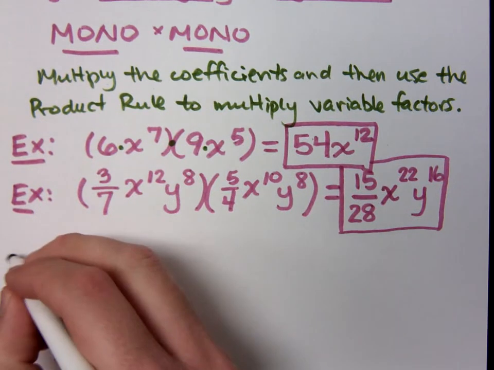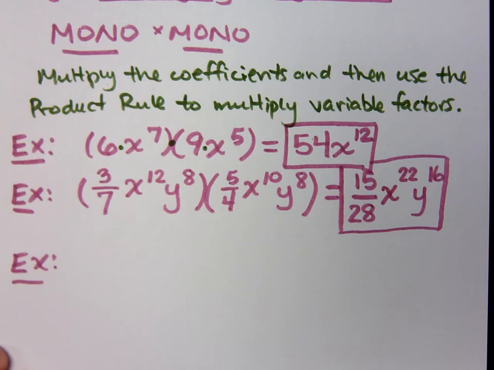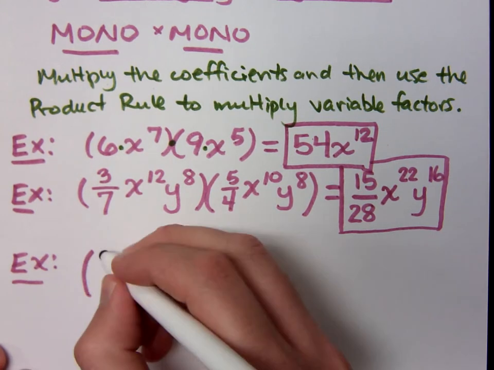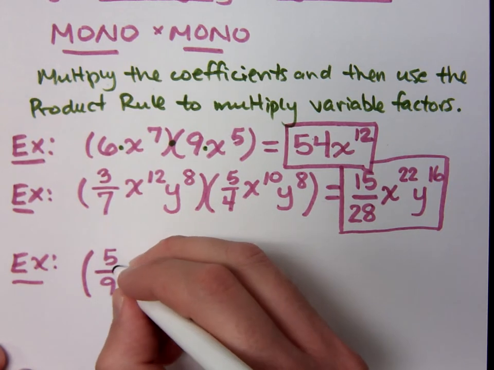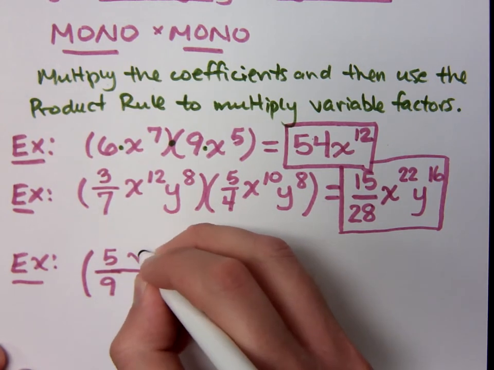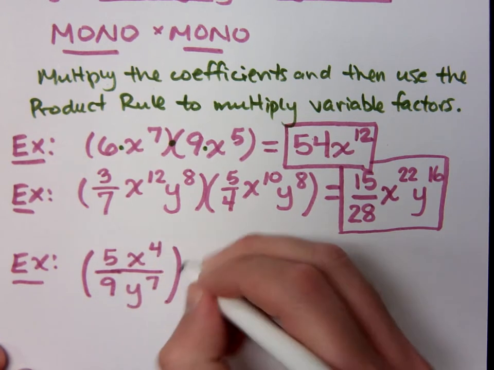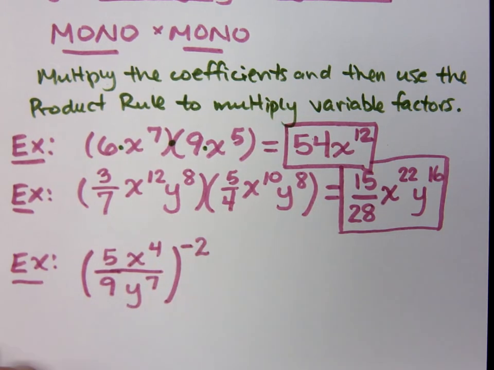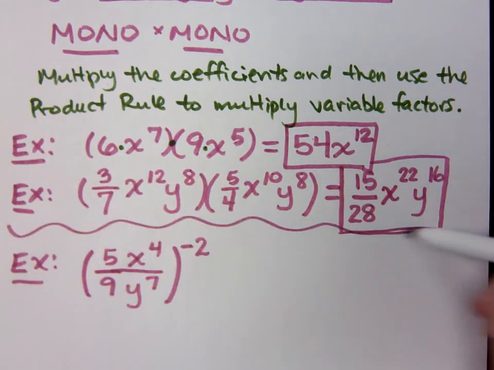I think if I'm understanding your question correctly, you're saying, what if I had, let's say, 5/9 x to the 4th, y to the 7th, to the negative 2nd power. Now, of course, this doesn't really pertain to what I was just talking about with multiplying monomials, but it's still worthwhile to look at.